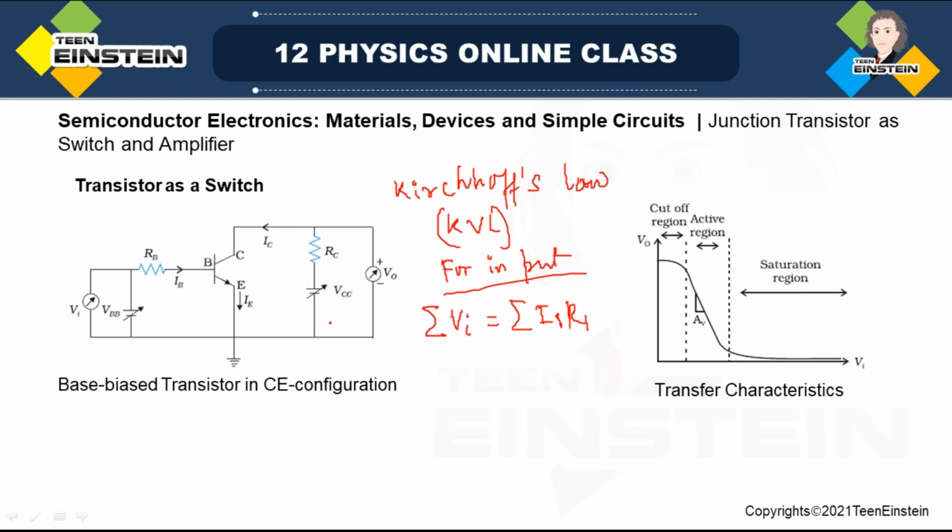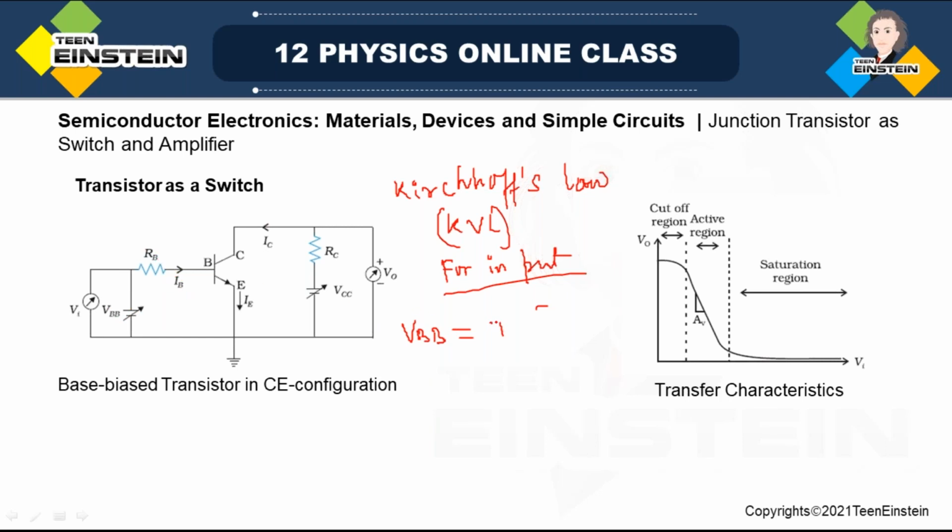So this is KVL. We'll be applying this now for the input junction. In the input junction you have only one battery, that is this one, VBB. So you have the EMF VBB for the battery, and this is equal to the voltage drop across this RB.